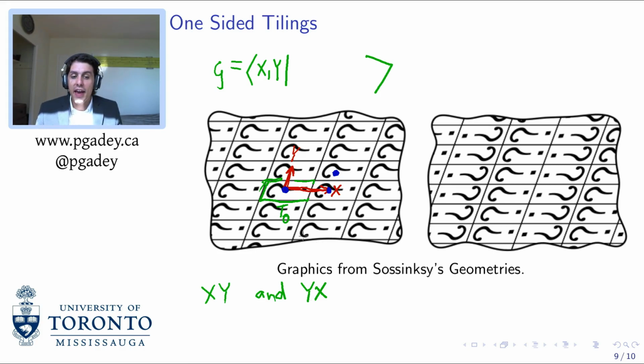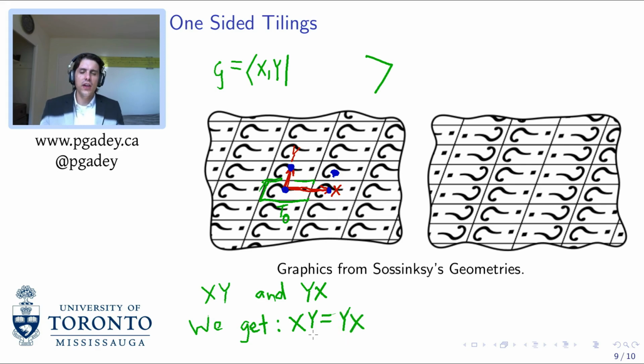Now let's see what happens if we go y then x. If we go y, we translate here, and then x we get here as well. So what we've noticed is that these two orders agree. If we apply xy, we get to the exact same point as if we apply yx. So what this is telling us is that these commute.